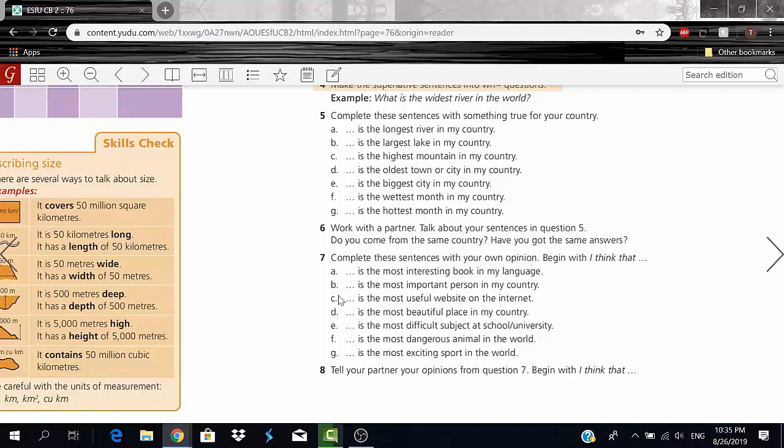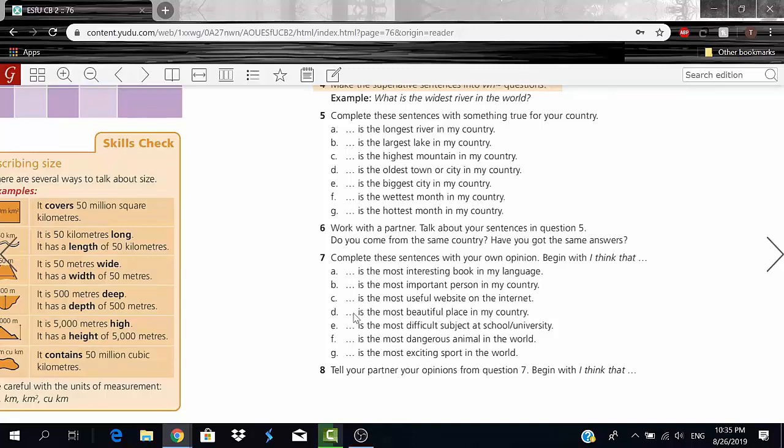Okay, and then for C, we have is the most useful website on the internet. This is obviously subject to different opinions, so I think I'll probably say YouTube is the most useful website on the internet. That website is insane. Okay, is the most beautiful place in my country.